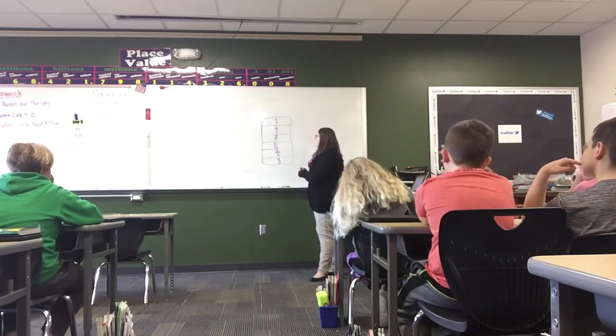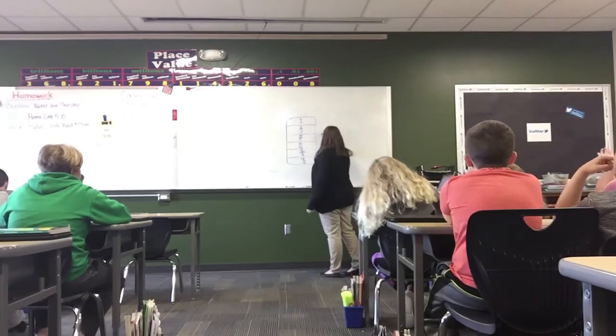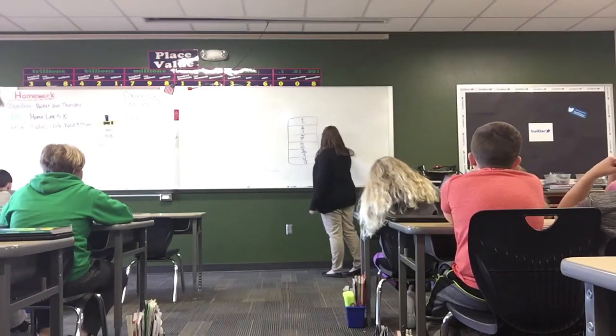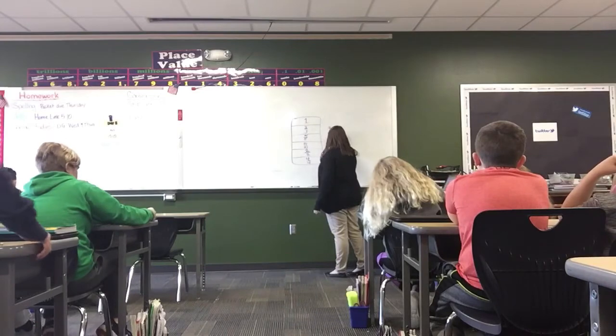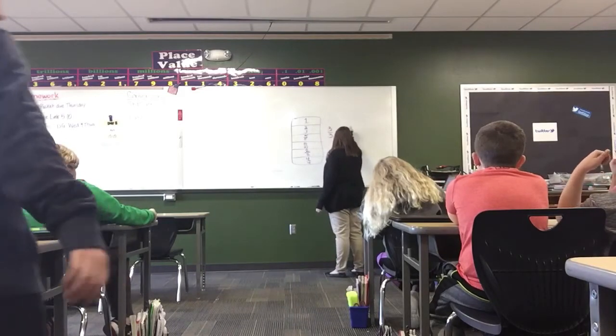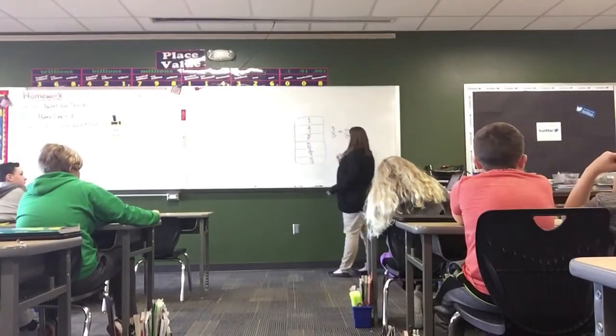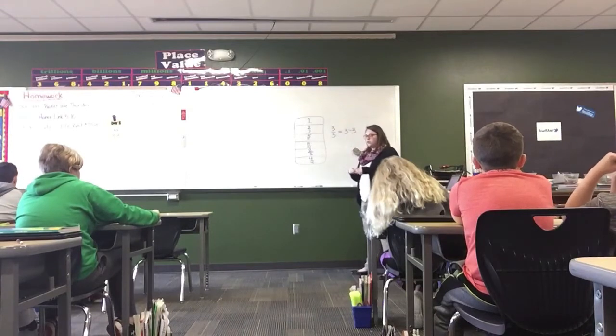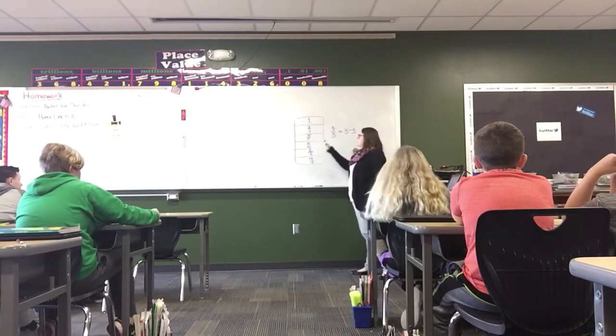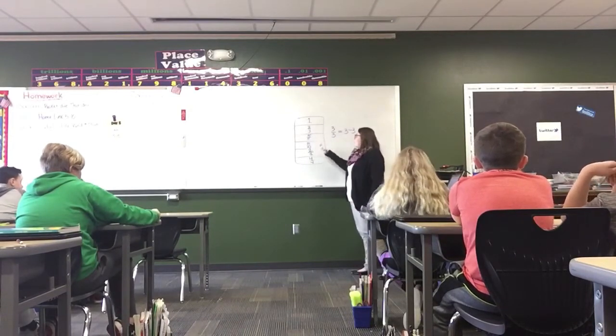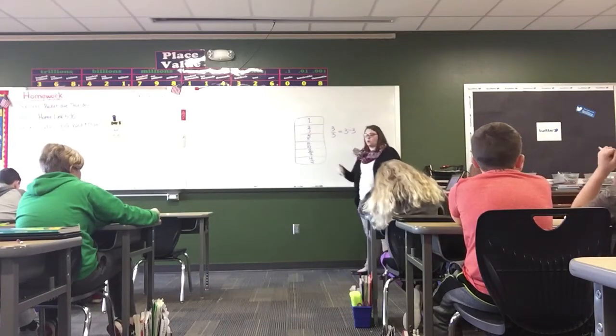Good. So we know that, like, we'll take 3 thirds, for example. 3 thirds is the same or equal to 3 divided by 3, because our fractions are just division. So if we have 3 divided by 3, we know it's 1, right?